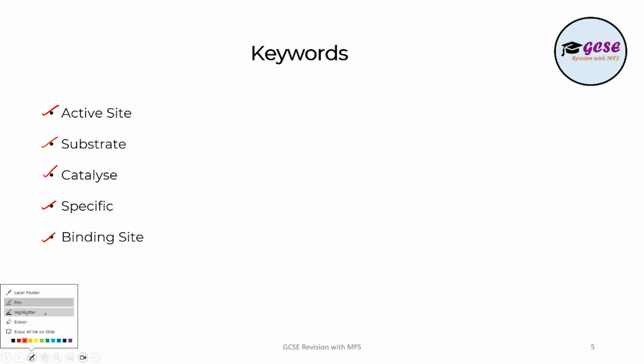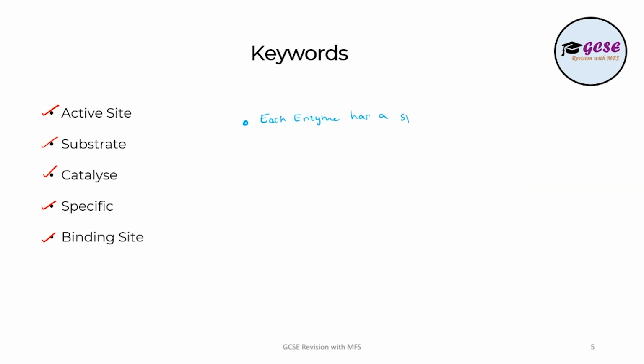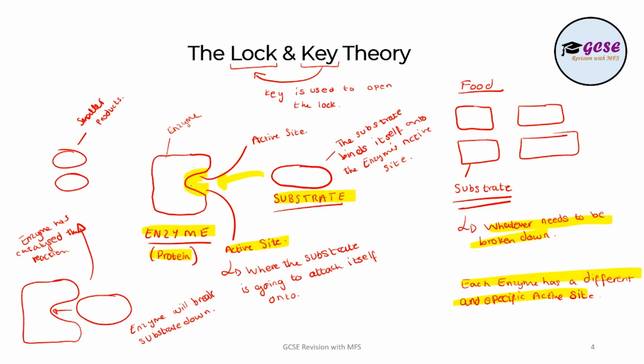So basically, if I explain it now, we've got the enzyme. You need to remember that each enzyme has a specific active site. This is the layer over here, where the substrate is going to bind itself onto. That's called the active site.